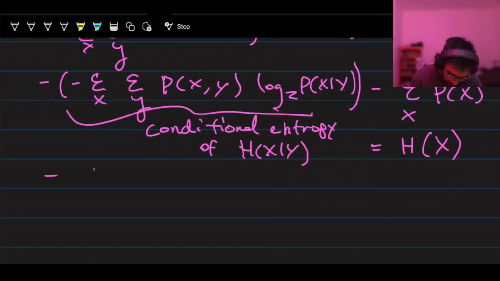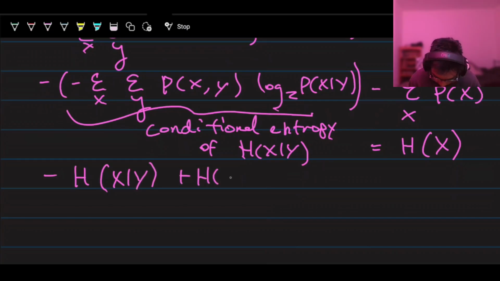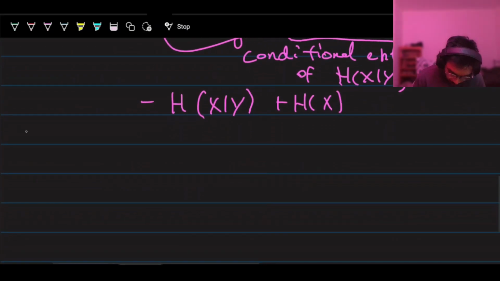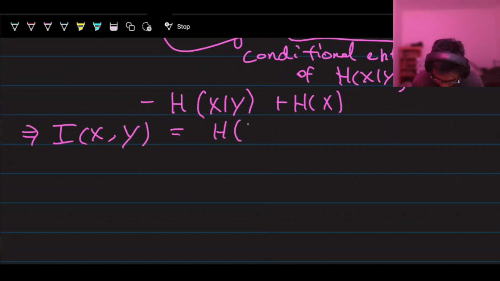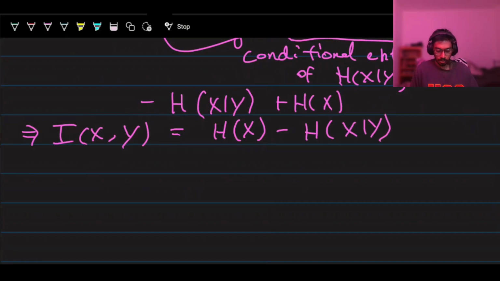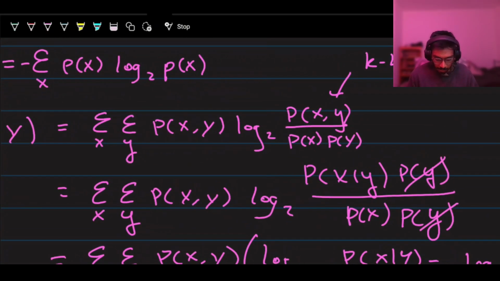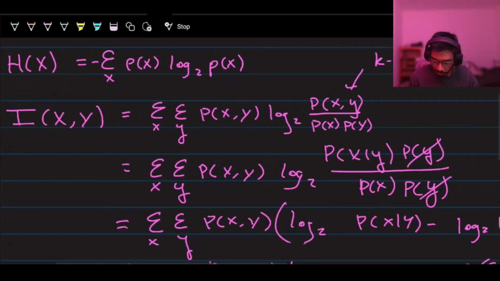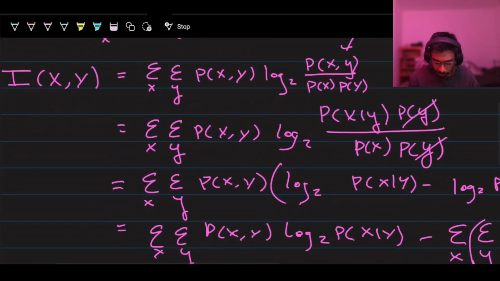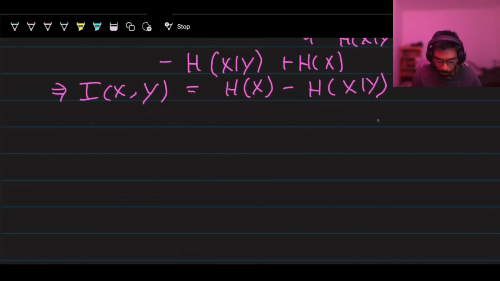So now this is minus h of x given y plus h of x. Therefore, our mutual information is just h of x minus h of x given y. So what we did is turn mutual information, an expression of probabilities, into a closed form of just two entropies.